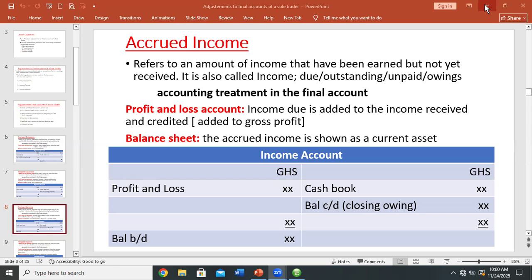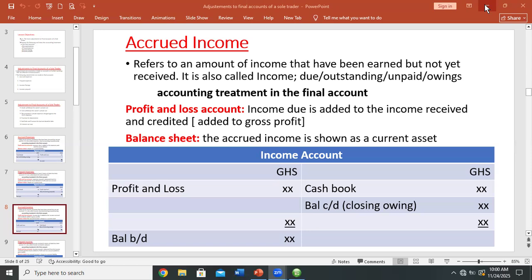A scenario will be that maybe a business has rendered some services and is expecting some commission. The business has earned the income by rendering the service, but has not received the amount involved.